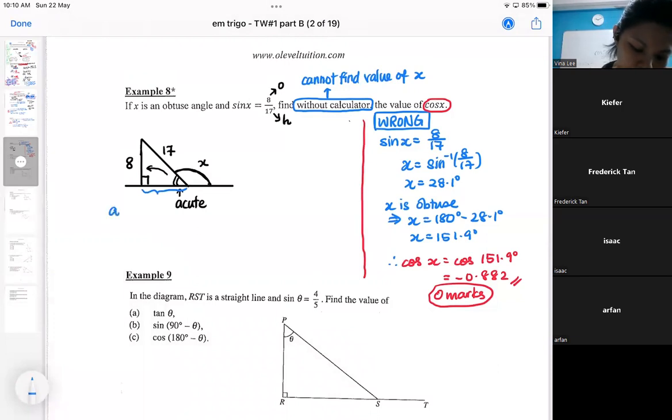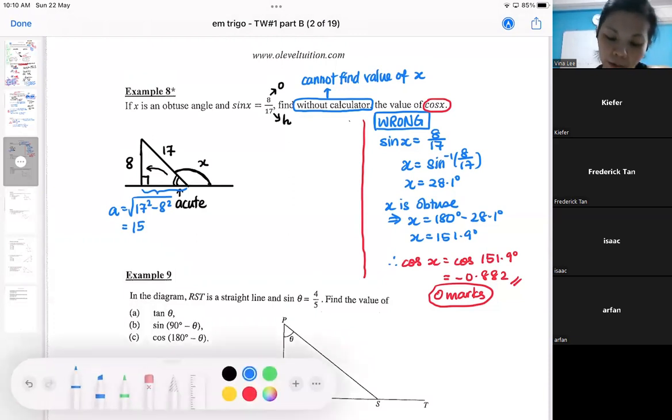So the adjacent side will be 17 square minus 8 square, taking a square root. So you are supposed to show it like this.